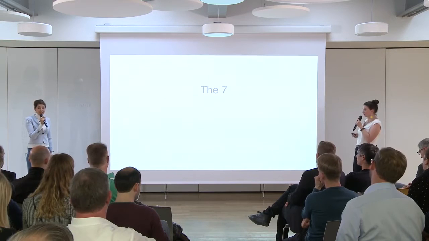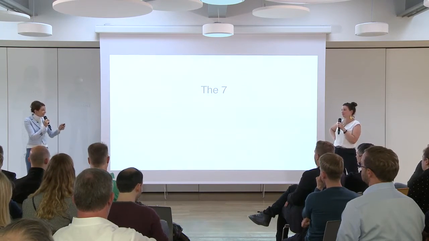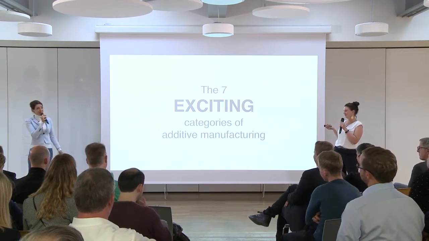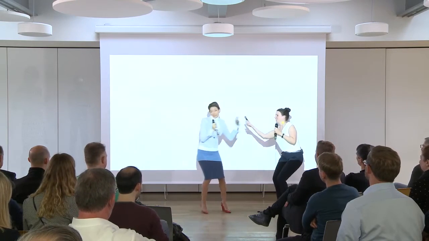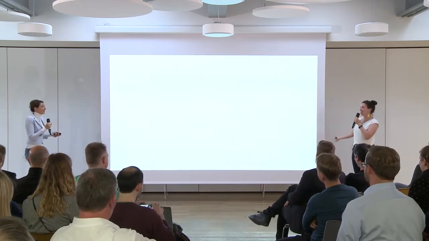Yeah. So now we're going to explore the 7 exciting, you're going to have to click, exciting, there you go, categories of additive manufacturing. Oh, wow. Maybe I click on this one. All right, excellent. 7, that is so many. It's so many.